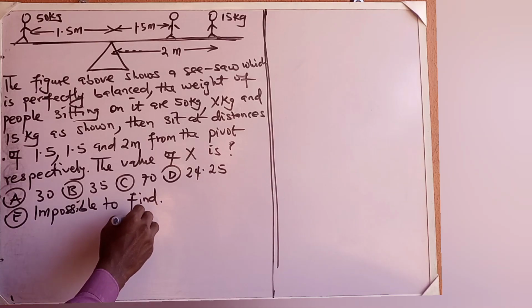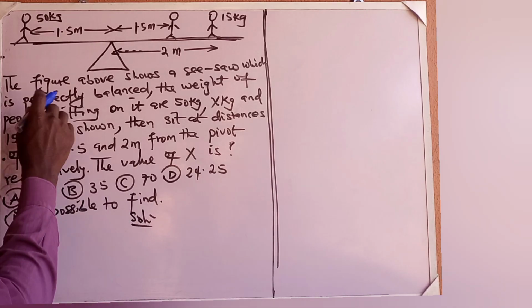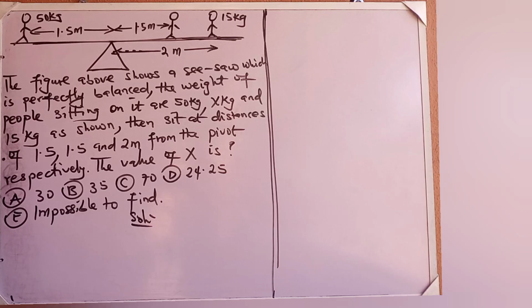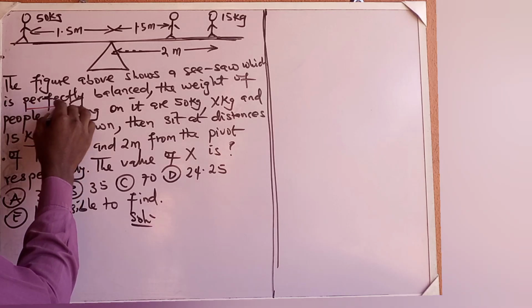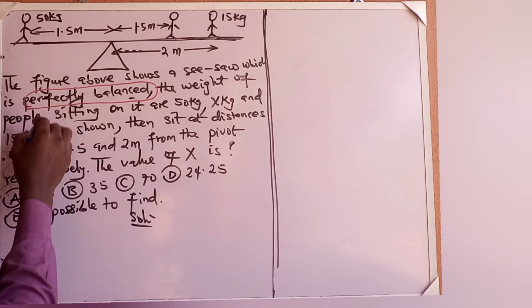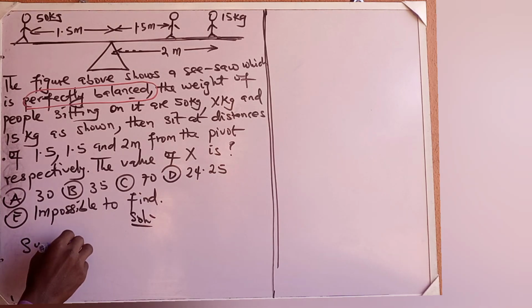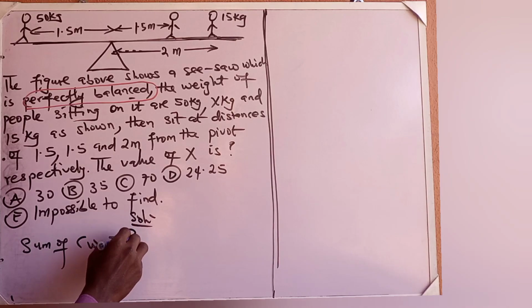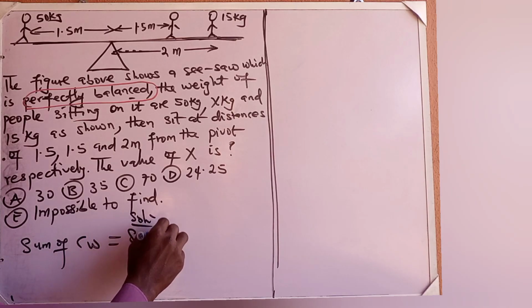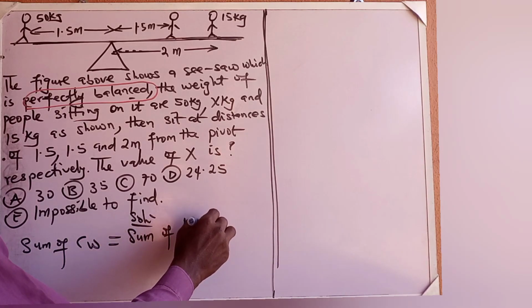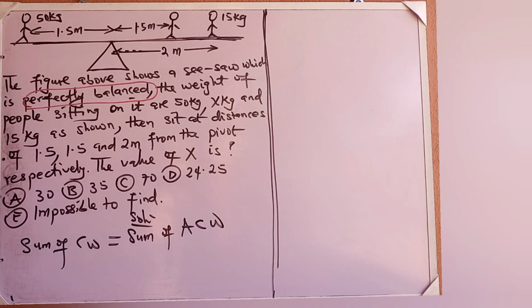So write solution here. Since it is balanced perfectly, what this statement means is that the sum of clockwise moments should be equal to the sum of the anticlockwise moments. So let's look at the diagram.